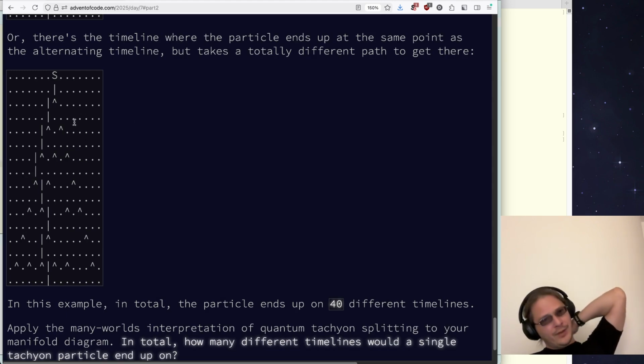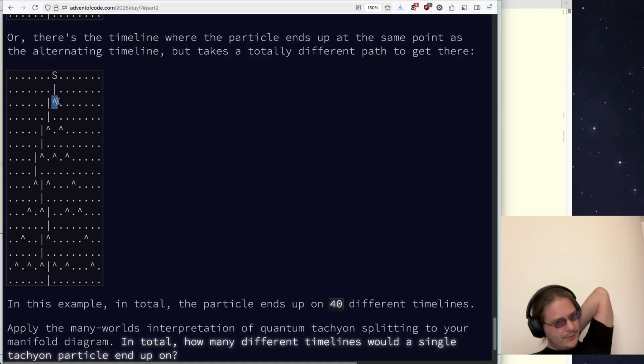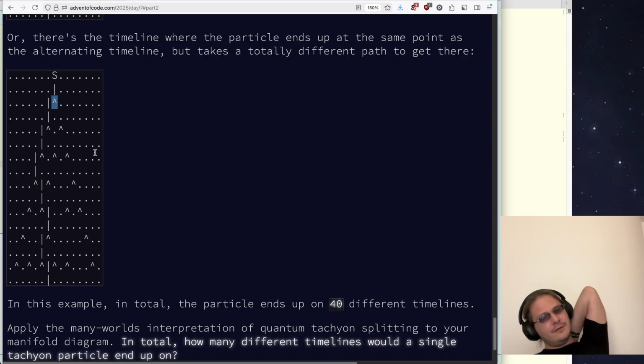Oh, okay, I see. So this one does create two timelines, but in each of these timelines, not all splitters participate in this timeline.